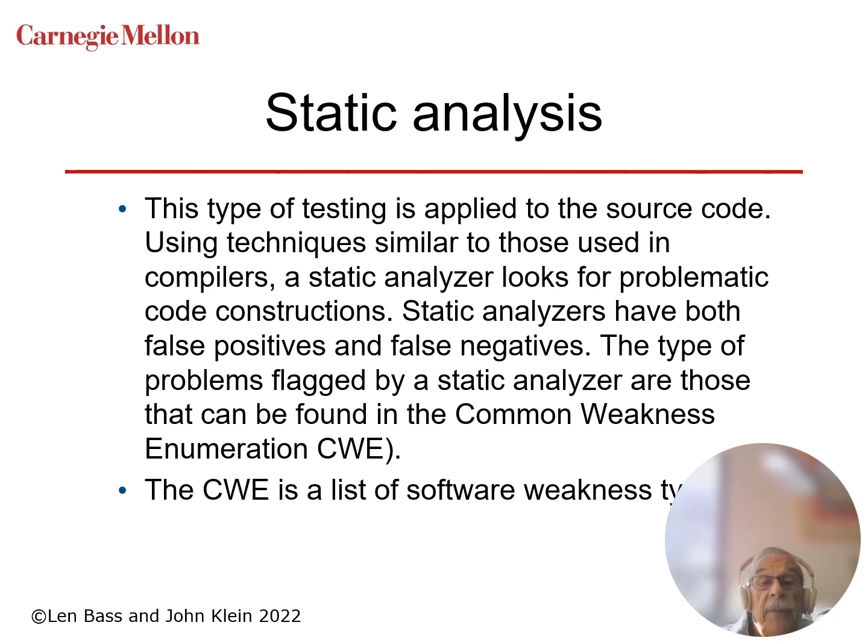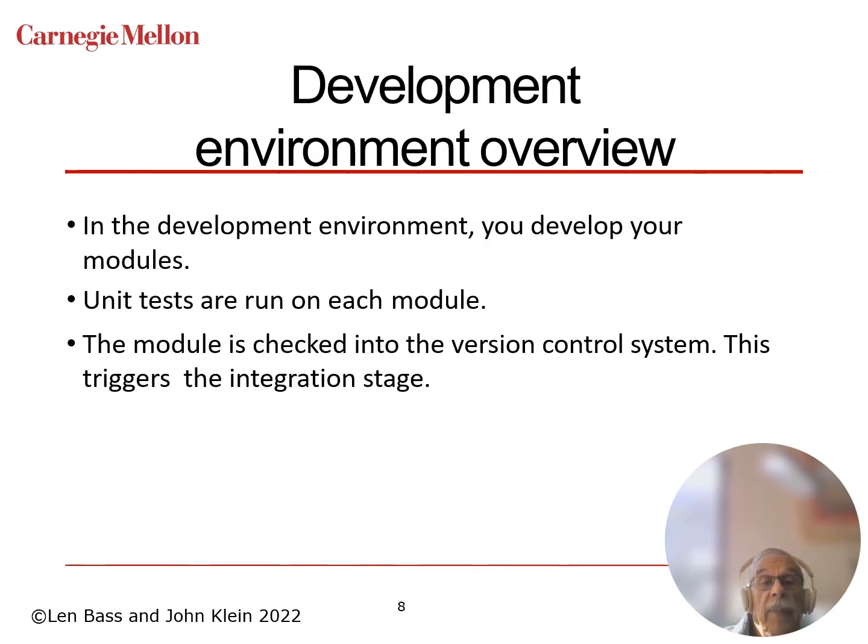The types of problems flagged by a static analyzer are those that can be found in the Common Weakness Enumeration, and we'll talk more about that later. Basically, for our purposes here, that's a list of software weaknesses. A weakness is something that might be exploited to turn into a vulnerability, but it isn't explicitly a vulnerability.